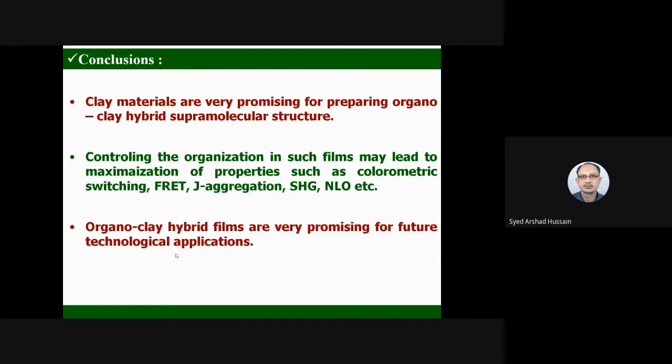We can say that organoclay hybrid films are very promising for future technological applications, and the main advantage of the system is that these are natural nanomaterials, eco-friendly. The main issue of nano systems is that they are hazardous in nature, but this is totally eco-friendly and non-hazardous. This is the main advantage.